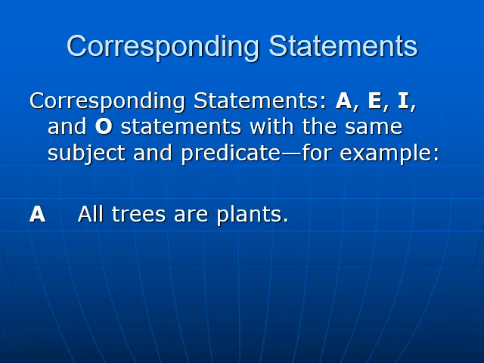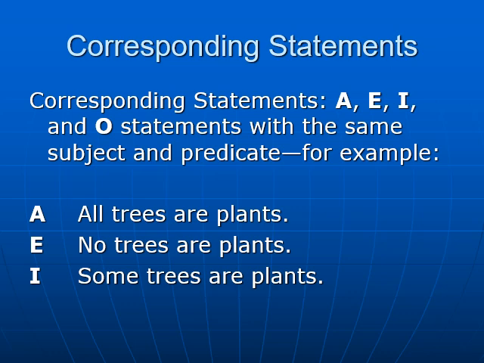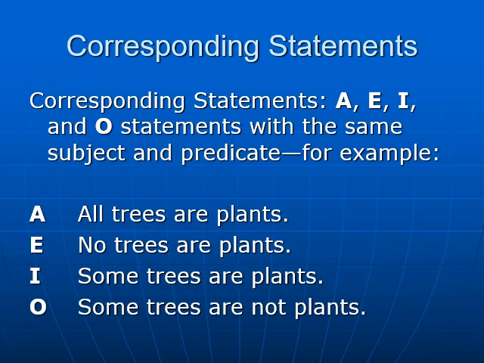All trees are plants. That's the A statement. No trees are plants is an E statement. Some trees are plants is an I statement. And some trees are not plants is an O statement. Of course, those are not all true. Some are true, some are false.